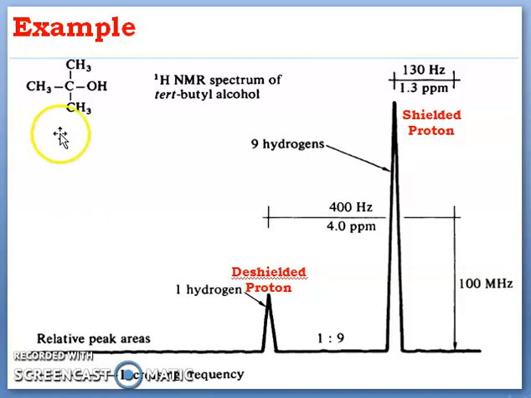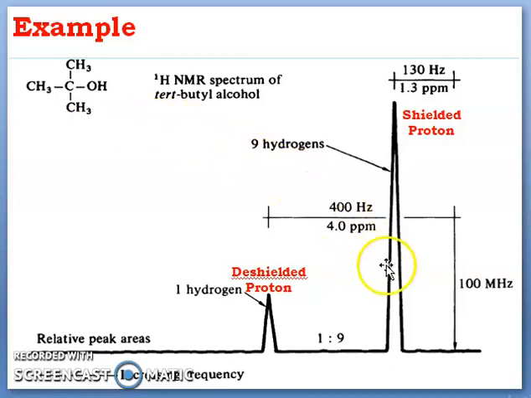If you see, the 9 protons of the methyl are connected to carbon. Carbon is electropositive, so it pushes electrons onto the hydrogen atom, thereby the hydrogen is shielded.